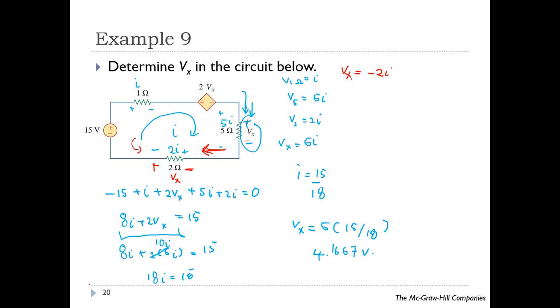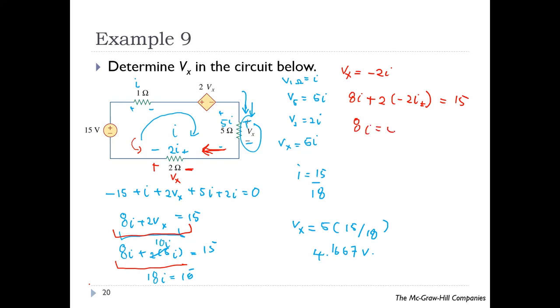Okay, so you have Vx equals to minus 2I, and you just substitute into this equation again. Oh, sorry, this one, if Vx is located here. So 8I plus 2 times negative 2I equals to 15.